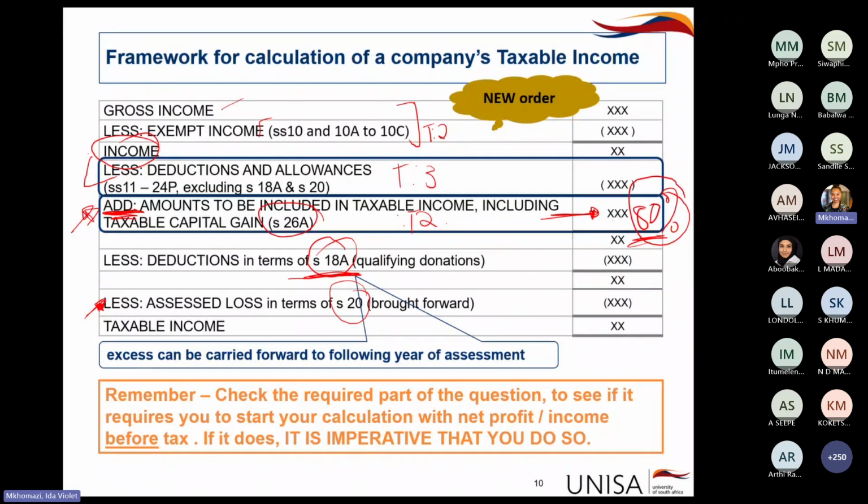If you were a CTA1 student last year and you are now in CTA2, you would have seen in our slides that this 18A deduction used to be the very last deduction. However, as I have mentioned, because of a recent amendment, 18A is now the second last deduction because of that amendment on assessed losses that occurred in 2023.